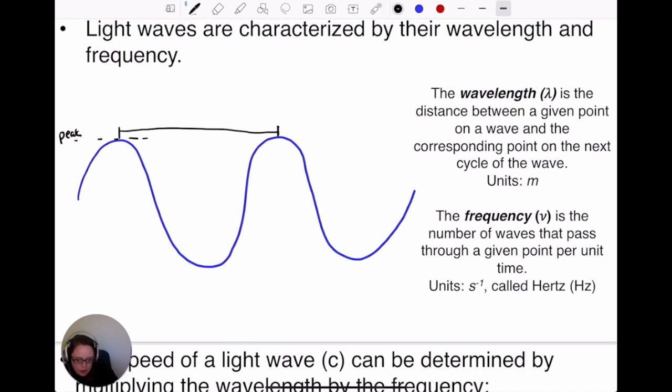So here, this is going to be the wavelength. And then we abbreviate this with the Greek letter lambda, one of the lowercase Greek letters.